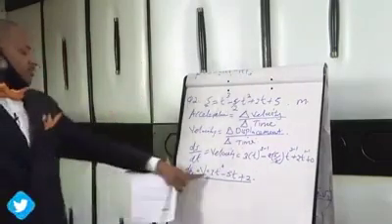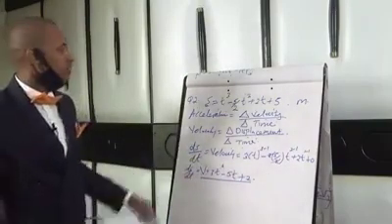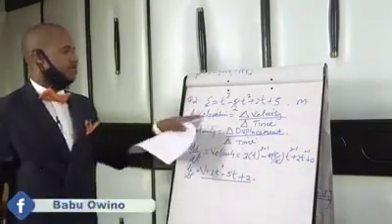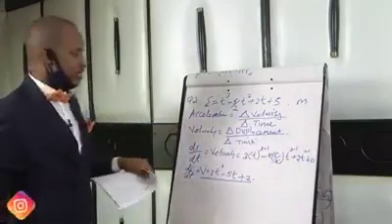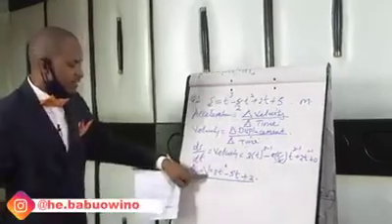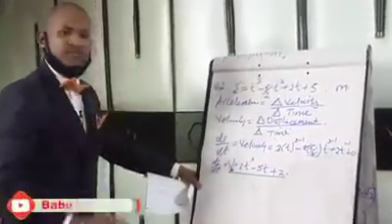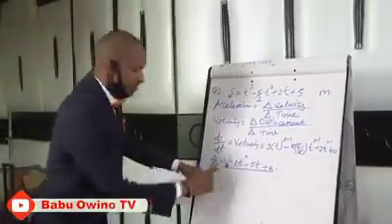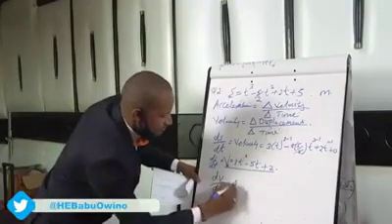Now, we know our velocity is 3t squared minus 5t plus 2. We want to find the acceleration, and we said acceleration is change in velocity divided by change in time. Therefore, we are going to further differentiate the velocity, which will give us dv/dt. So this gives us the acceleration.